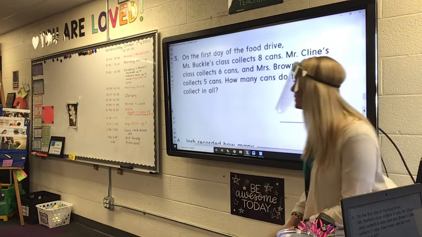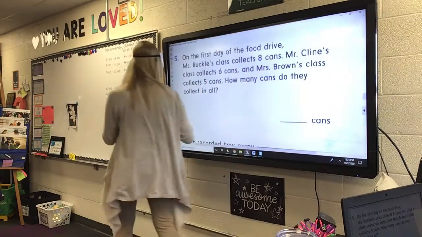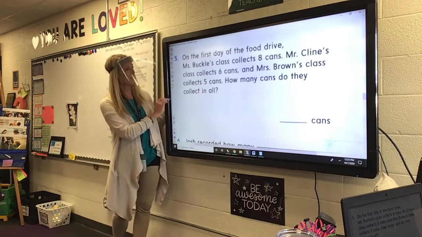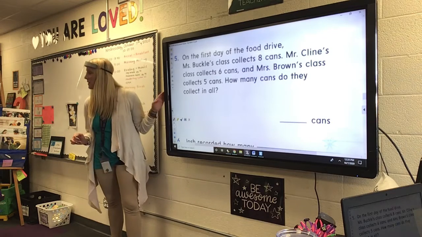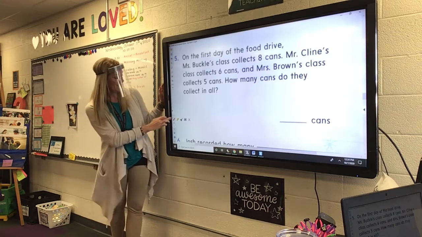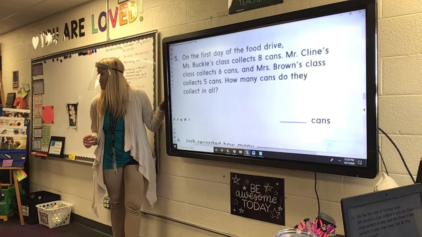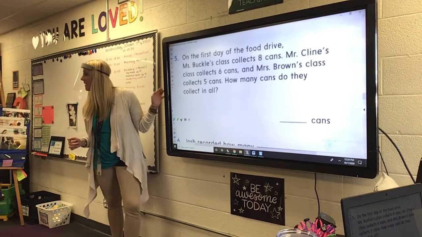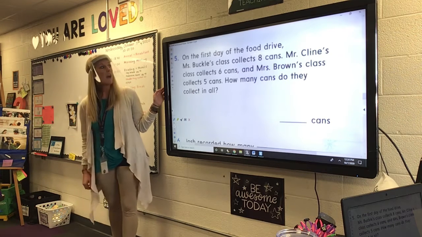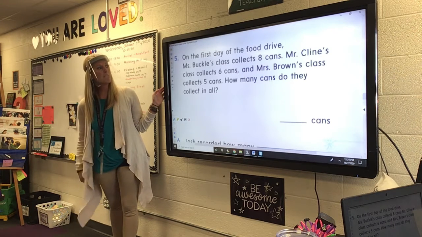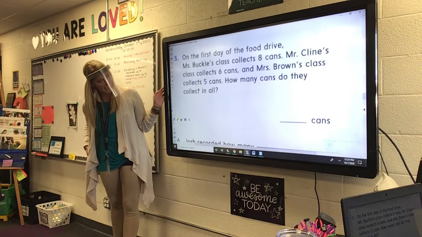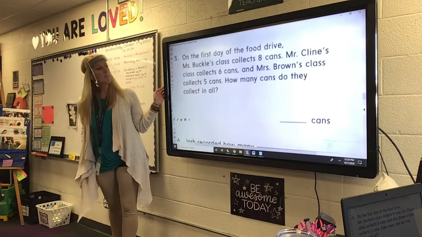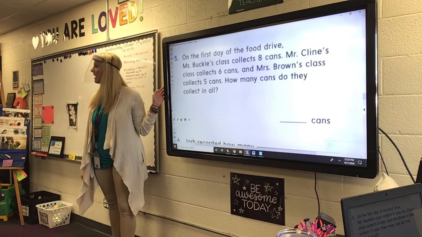Ellie, what do we need to underline? Yep. On the first day of the food drive, Miss Buckles' class collects 8 cans. Mr. Klein's class collects 6 cans. And Mrs. Brown's class collects 5 cans.